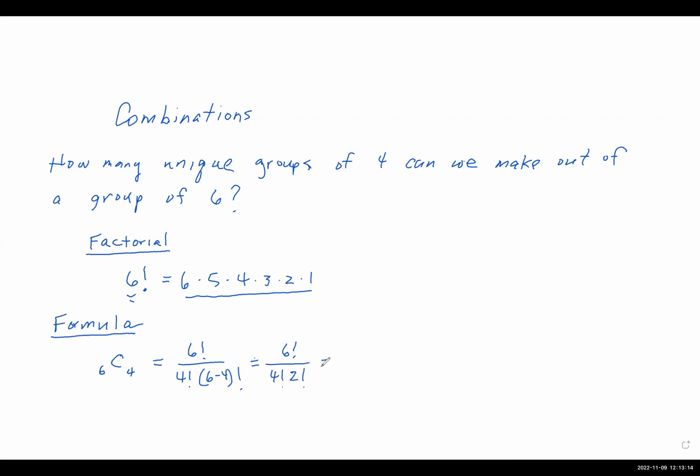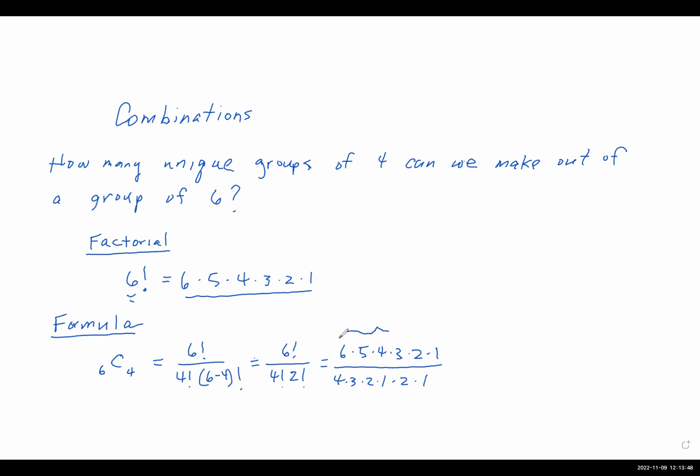So we could write out all these multiplications. They're not too long. 6 times 5 times 4 times 3 times 2 times 1. That's our numerator. On the bottom, 4 factorial is 4 times 3 times 2 times 1. And 2 factorial is 2 times 1.